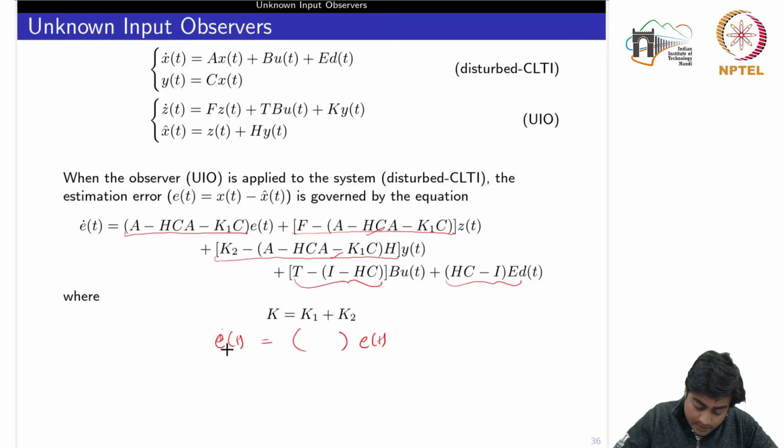Meaning the error dynamics are now completely decoupled from the external disturbances.